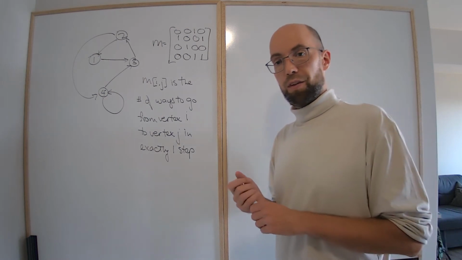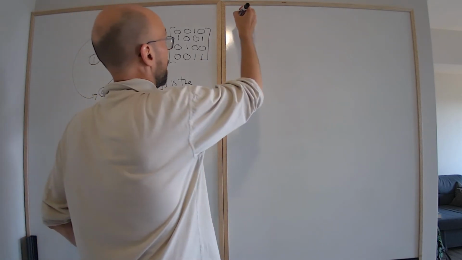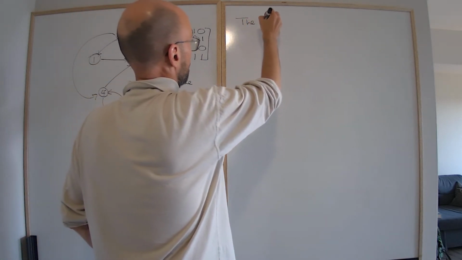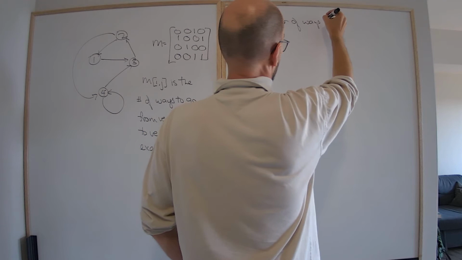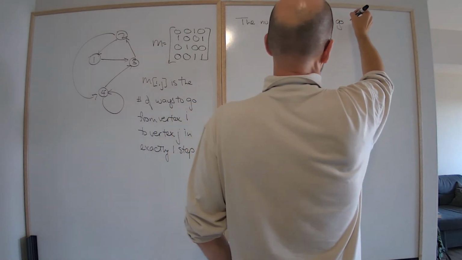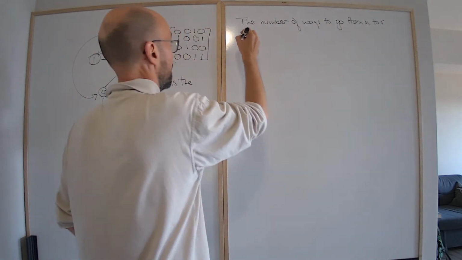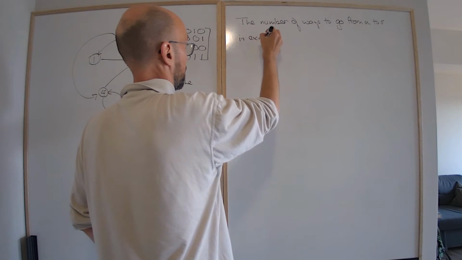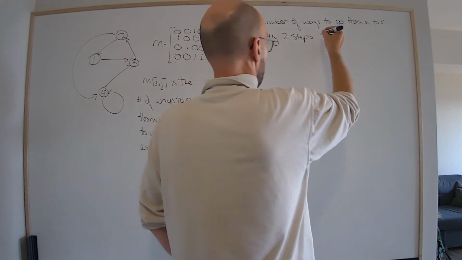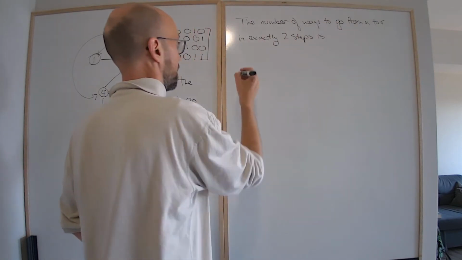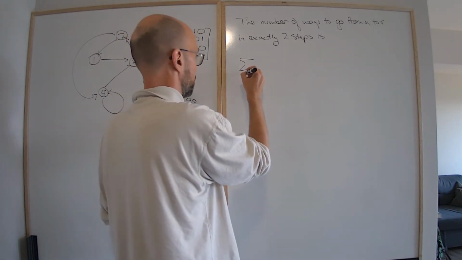Well, the number of ways to go from U to V in exactly 2 steps is the sum over, let's say, W, so another vertex.